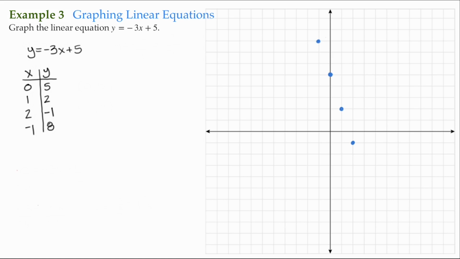So all we really need to do is then find what it is when y is 0. So when y is 0, we have 0 is equal to negative 3x plus 5. So let's get rid of these other points here, because after all, you only need 2 points to make the line. So if we can just get one more point where it goes through the x-axis here. So for solving, we'll go ahead and subtract 5 from either side.